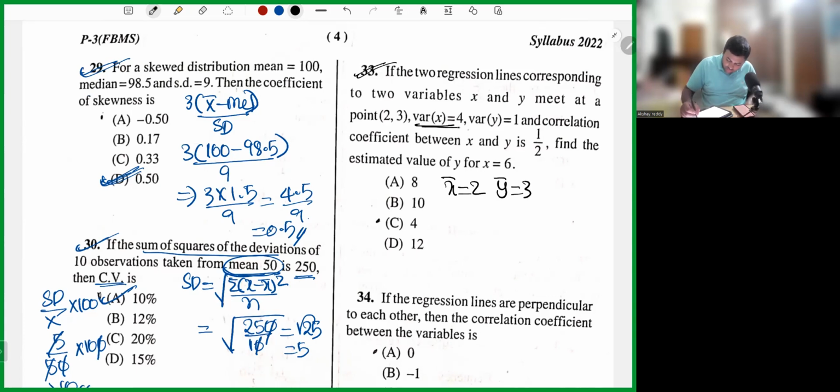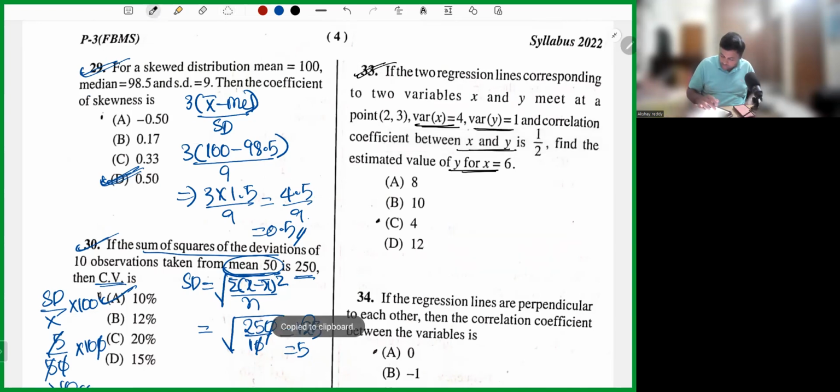Variance of x is 4, standard deviation of x is 2. Variance of y is 1, standard deviation of y is root 1, which is 1. Correlation between x and y is 1 by 2. Find the value of y when x is 6. That's the given question.